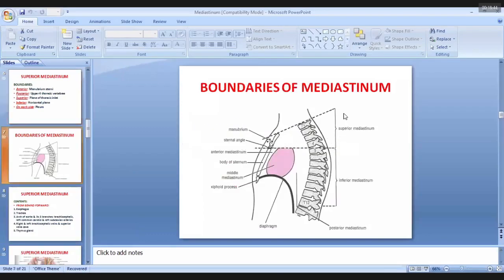So these are the boundaries of the superior mediastinum: anteriorly the manubrium part of the sternum, posteriorly T1 to T4 vertebrae, on each side the pleural cavities, superiorly the superior thoracic aperture and inferiorly the transverse thoracic plane.